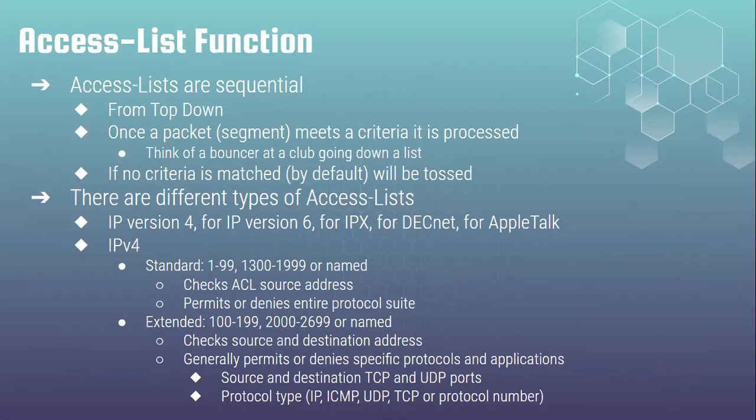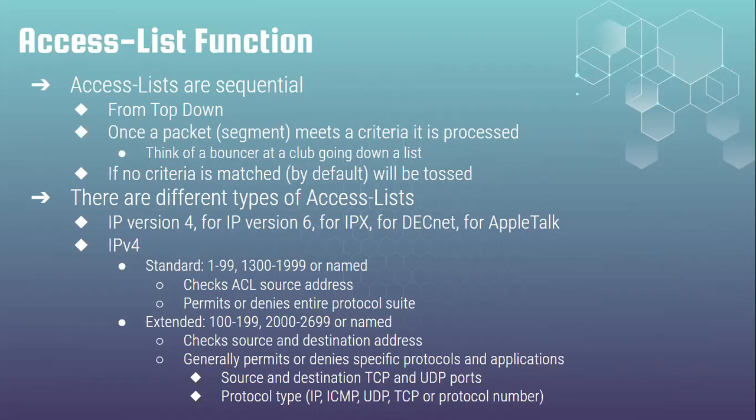Once you match your criteria, you're processed and they move on. You either go or you're denied. So case in point, if you have an access list that says they are allowed, and then right after it says they're not allowed, well, the allow came first, so they will be allowed.